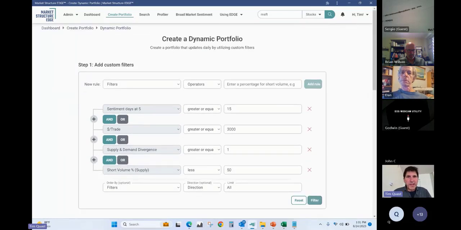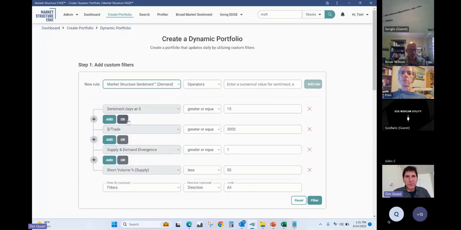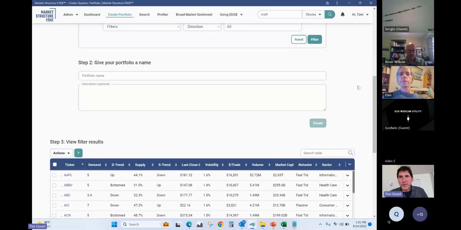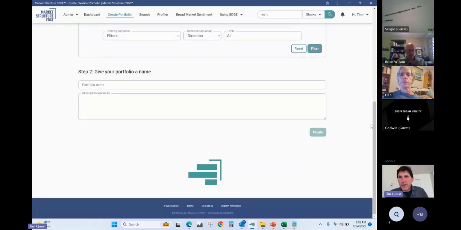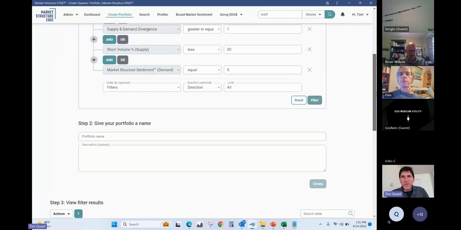Now we also want to get just the 5s. We just want stocks that are sitting at 5. So we come over here and we say demand is equal to 5. That should narrow it down, and out of that, you could use some other criteria to narrow it further. In fact, we'll do one. I want to look at what we get. We get 75, but a lot of these are under 1% volatility.